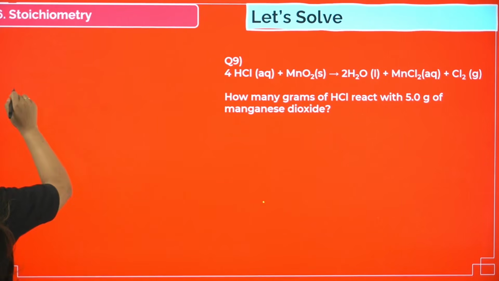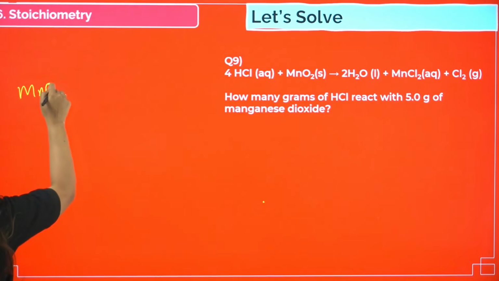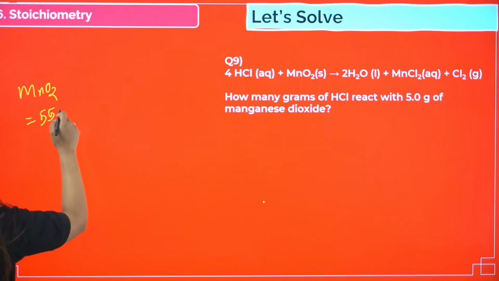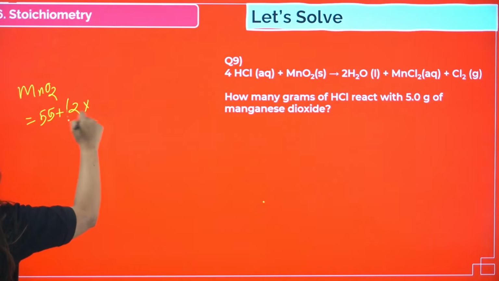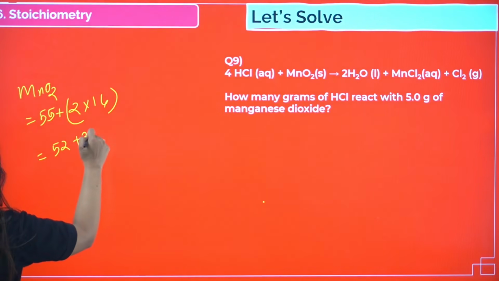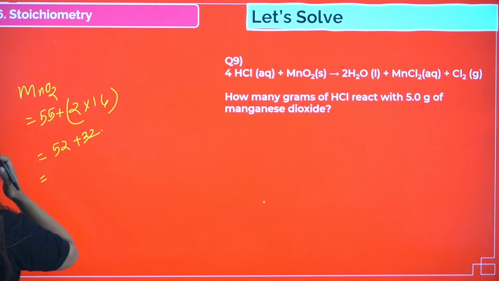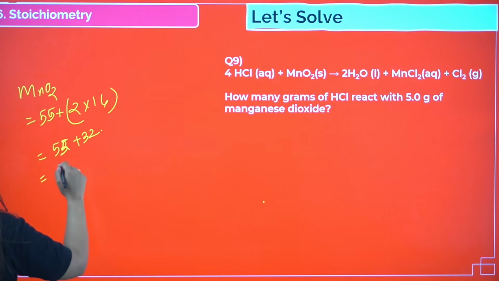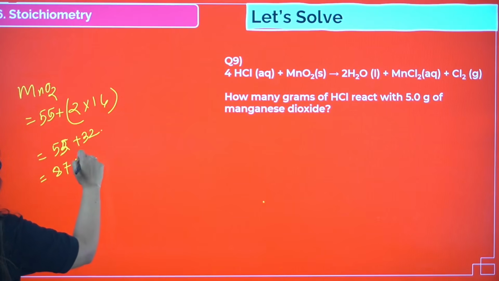MnO2: manganese is 55, I guess, plus 2 into 16. So 55 plus 32, you will get 87 gram per mole.